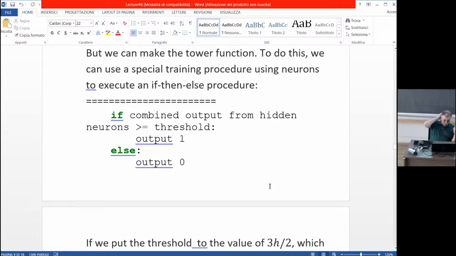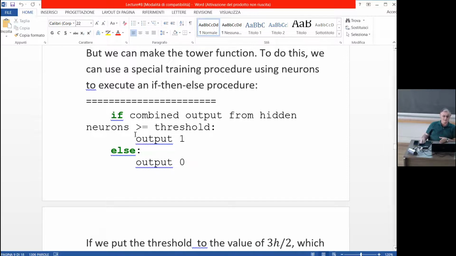So in the following mode: we verify the combined output from the hidden neurons.